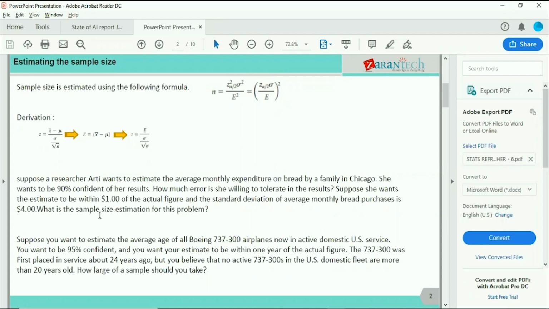So in this case, again, E would be 1 and the standard deviation would be 4, because 20 to 24 years. Correct.